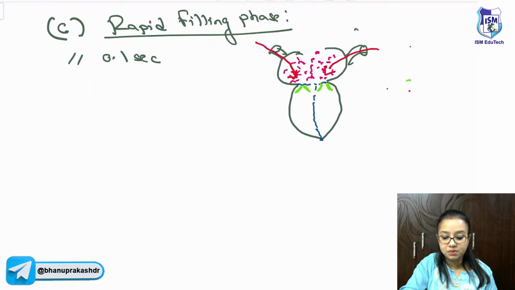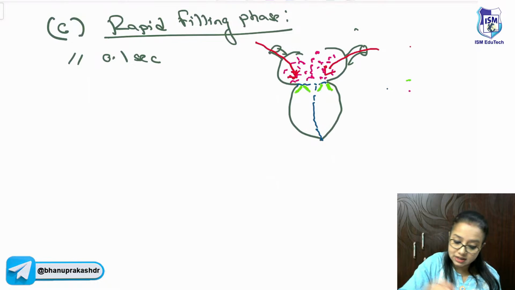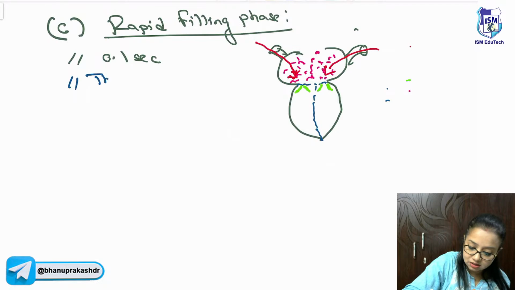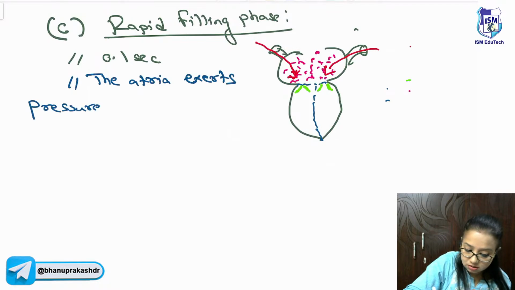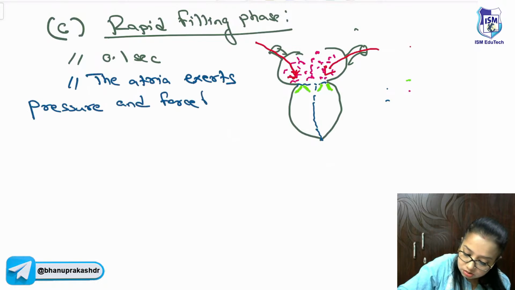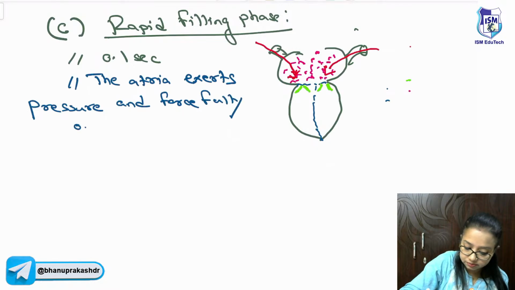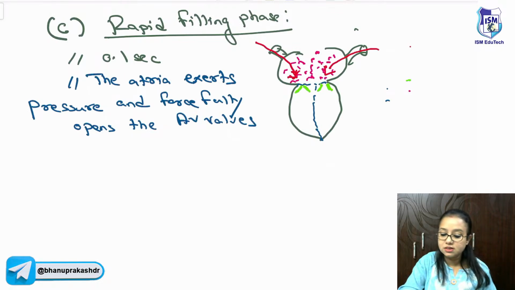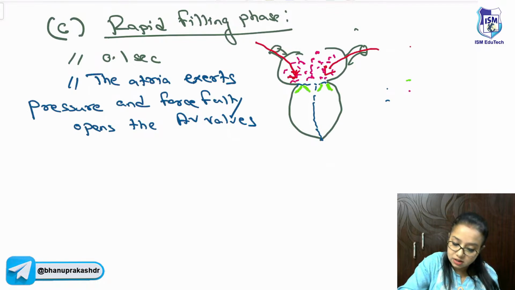No contraction will happen, just because the atria exert pressure and forcefully open the AV valves.